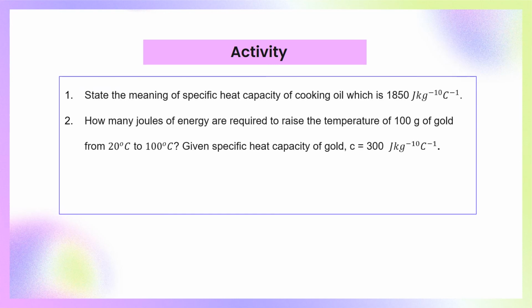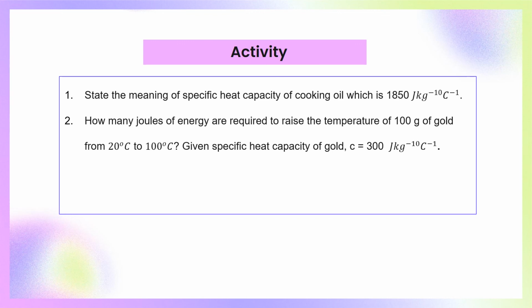Next, let's answer the questions for this topic to test our understanding. The questions are: Number 1, state the meaning of the specific heat capacity of cooking oil, which is 1,850 joule per kilogram degree Celsius.